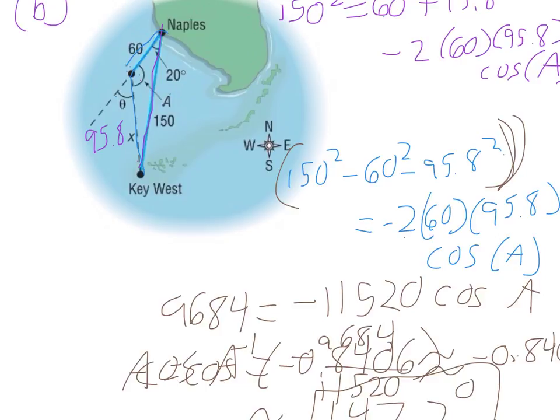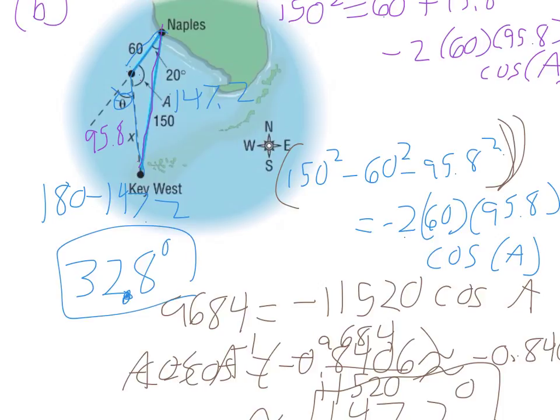To find the actual angle they turn, which would be this angle theta, we need to take our 147.2 and subtract it from 180. So that means they actually had to make a turn of 32.8 degrees.